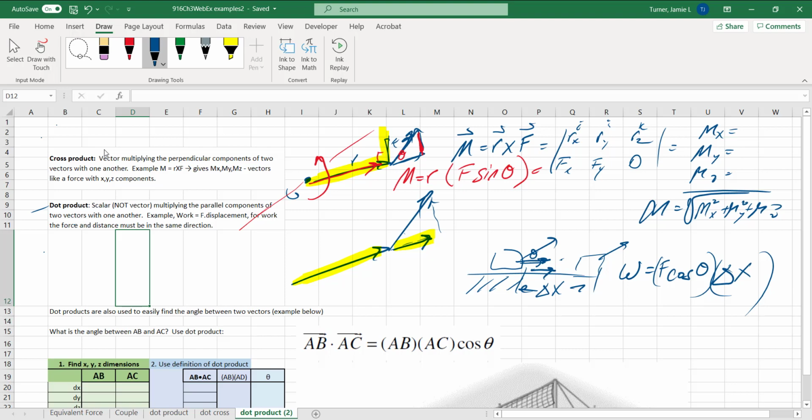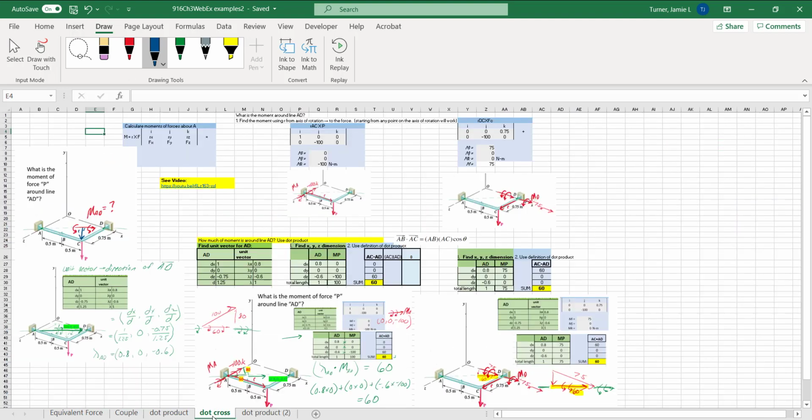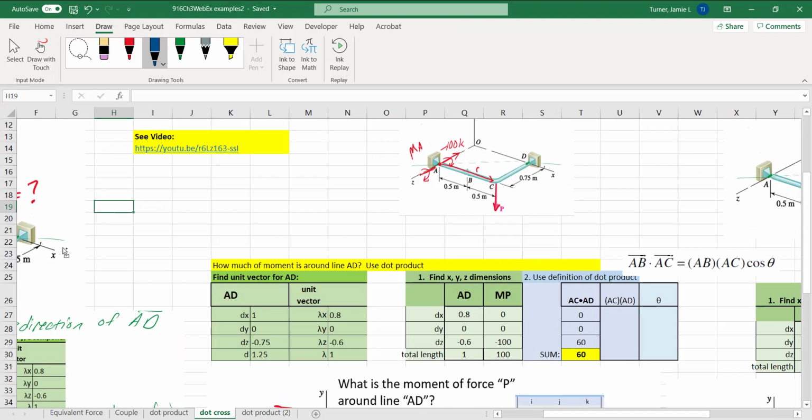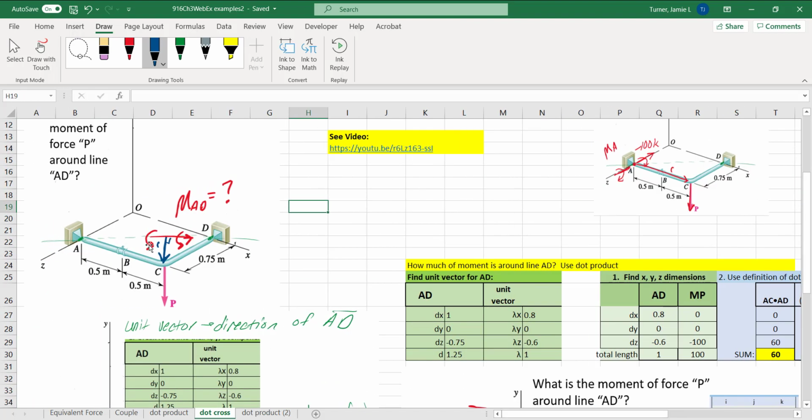Another use, and I'll do this in the next video, is if I have something like this, let me just zoom in here. Maybe I don't want the moment around the X or the Y or the Z direction. Maybe I want the moment around some other direction.